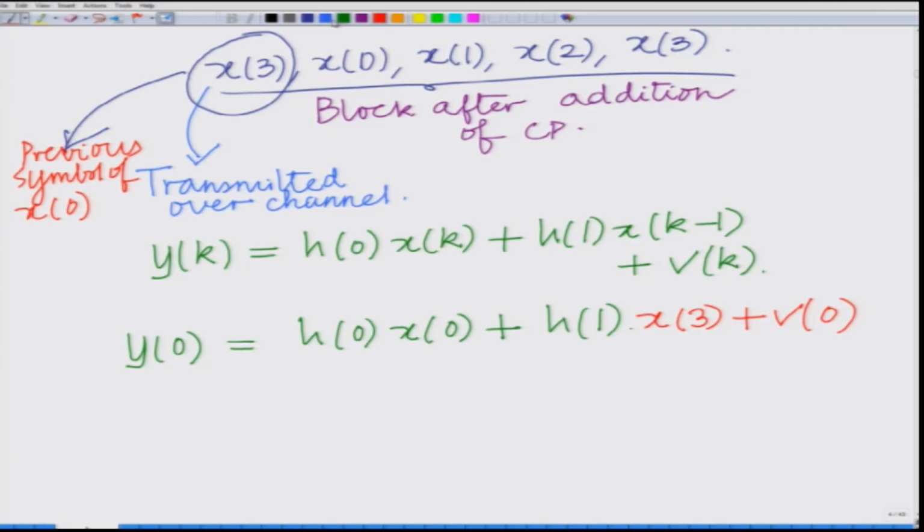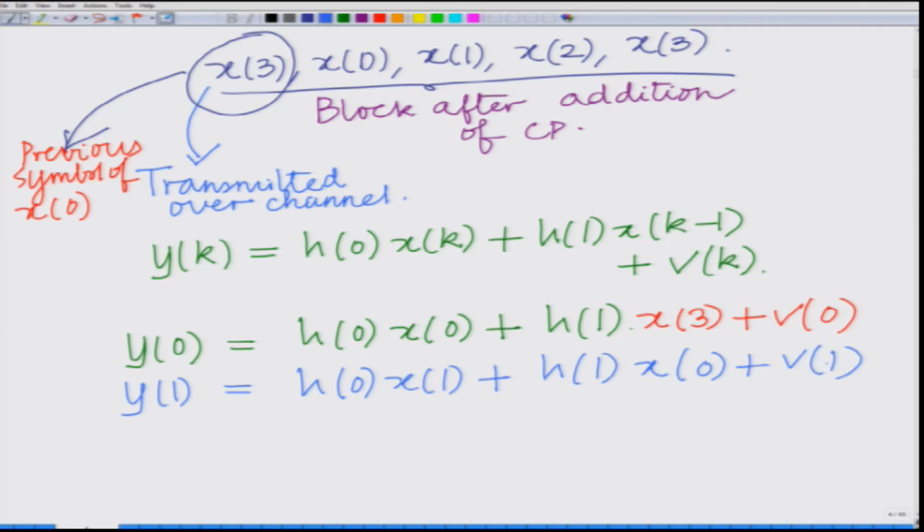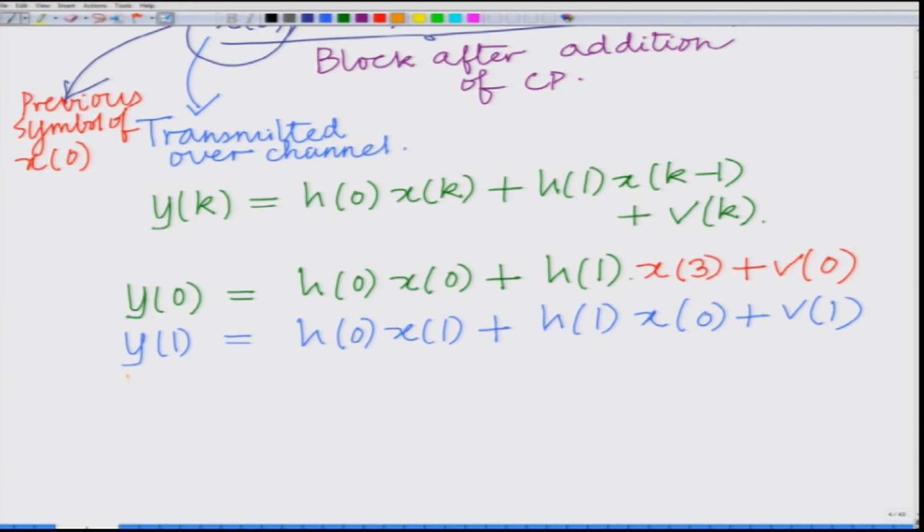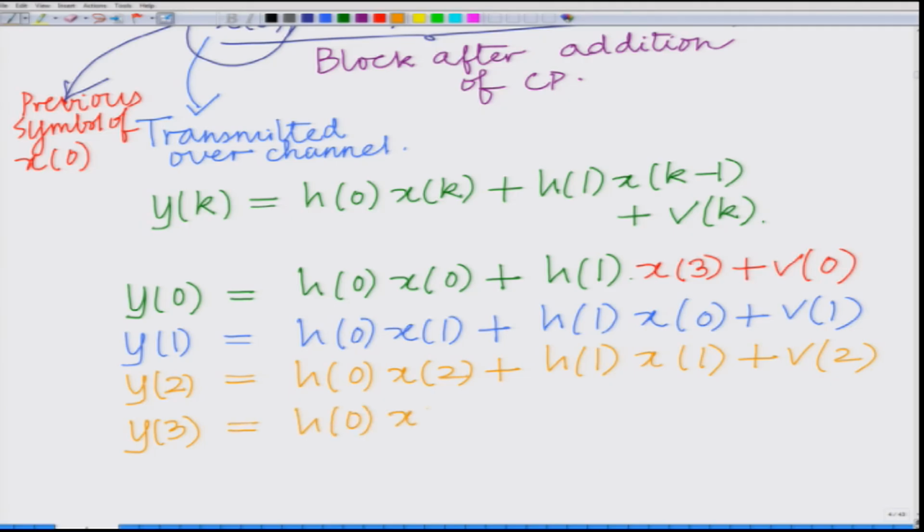And of course, now for the rest of the symbols we can write it as usual, that is y1 equals h0 x1 plus h1 x0, which is the previous symbol of x1, plus v1, y2 equals h0 x2 plus h1 x1 plus v2, y3 equals h0 x3 plus h1 x2, which is the previous symbol to x3, plus v3.